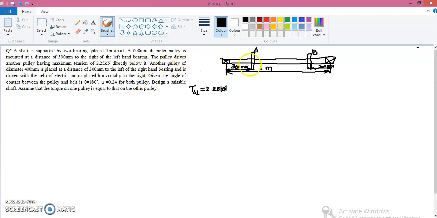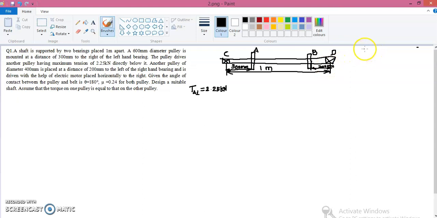So here the power transmission is vertically downward. Here this power transmission is in the horizontal direction. Now I'll name the first bearing point as C, and this point is D.